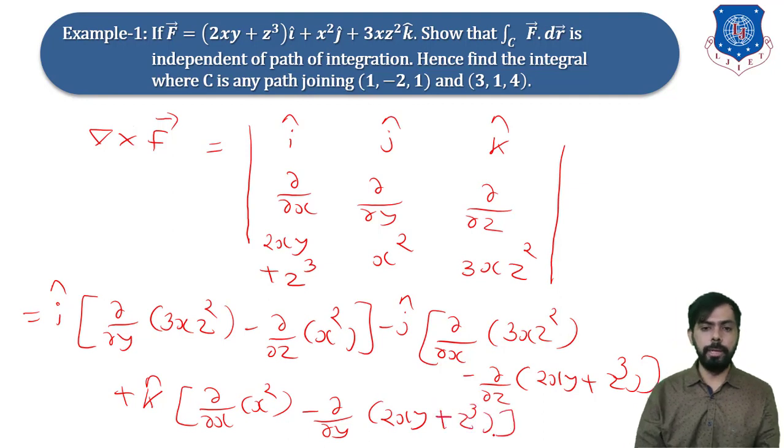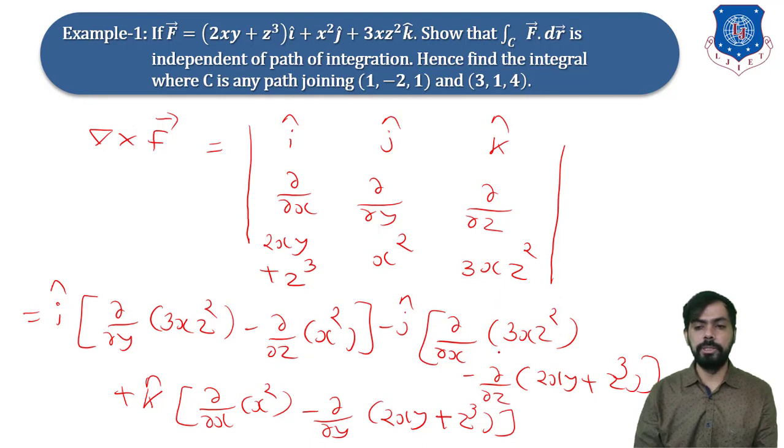If we take partial differentiation of this function with respect to y, then x and z will be constant, therefore the derivative of this function will be 0. Same way here, if we take partial differentiation of x square with respect to z, then it will be 0 because x will be a constant.